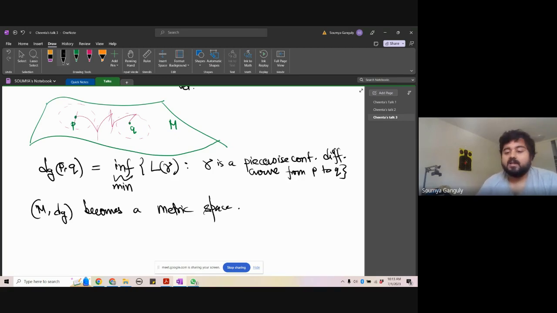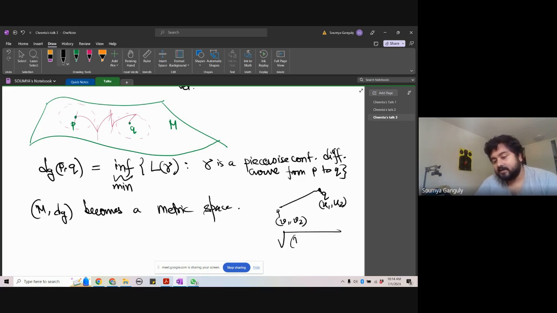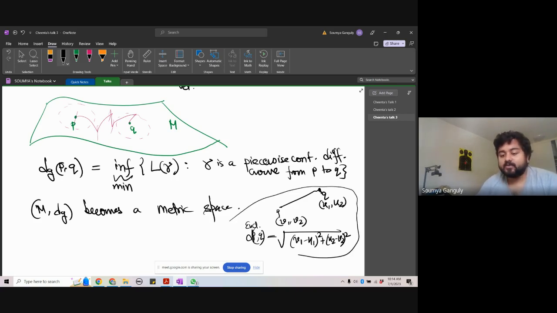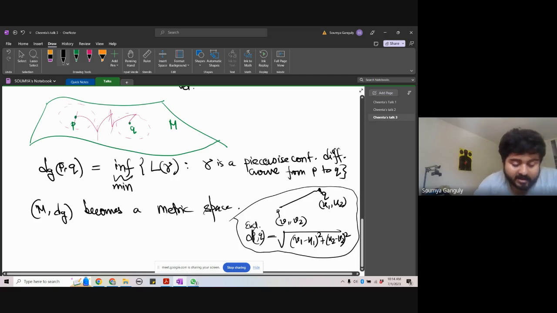For example, in R2, you have the Euclidean metric where the distance between the point P and point Q, where P has vector v1, v2 and Q has vector u1, u2, is the square root of (v1 minus u1) squared plus (v2 minus u2) squared, right? This is d(P, Q) in the Euclidean setting. So similarly, we have a distance function on a manifold coming from this metric.